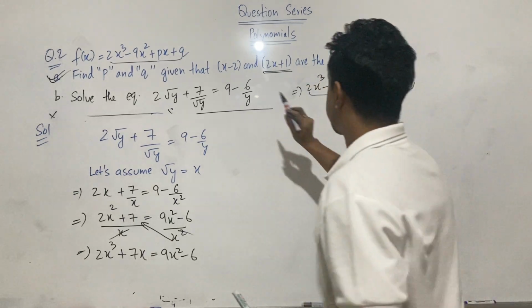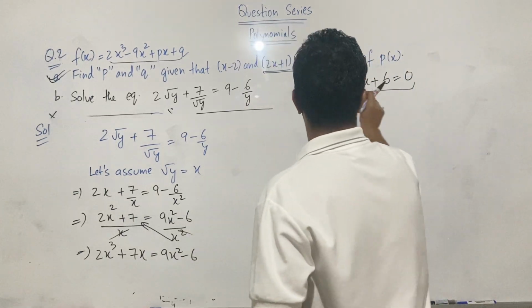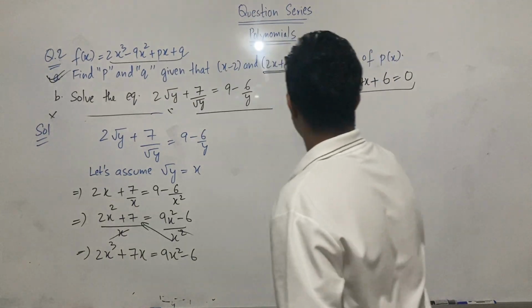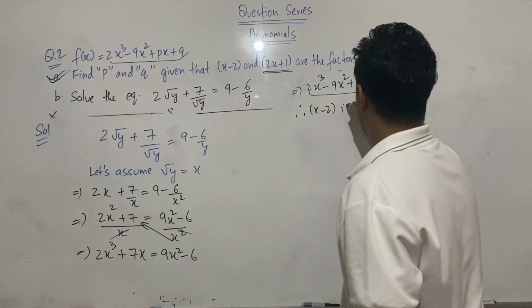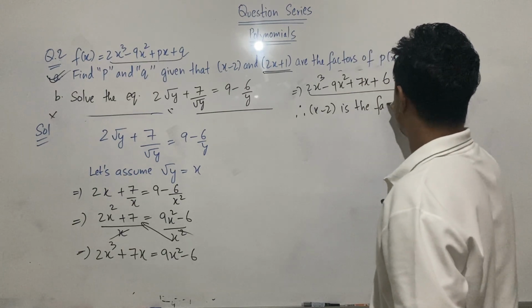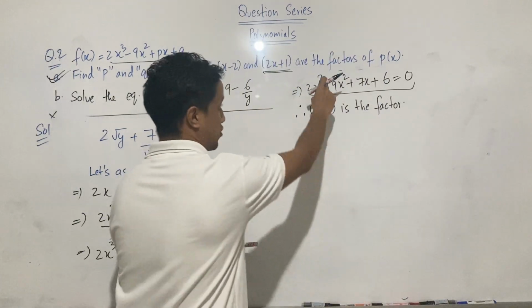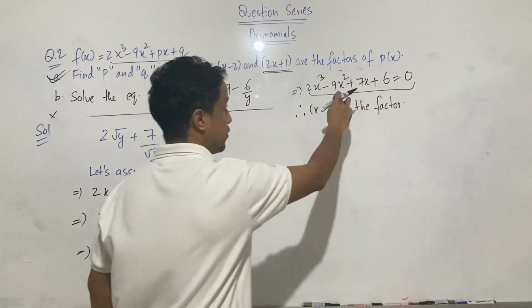Therefore I can say that x minus 2 is a factor. Now I know one factor, so I have to find the other factors.